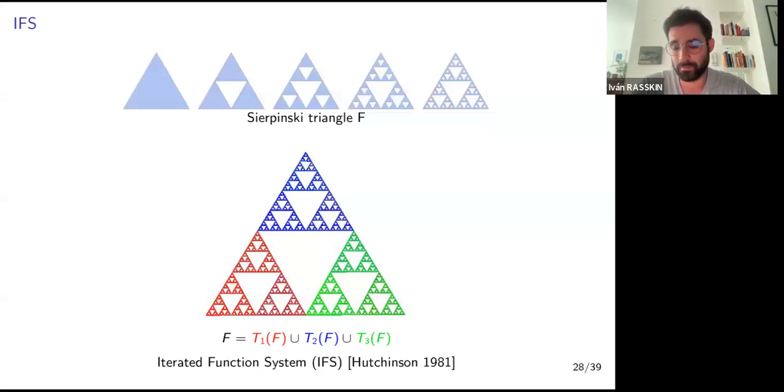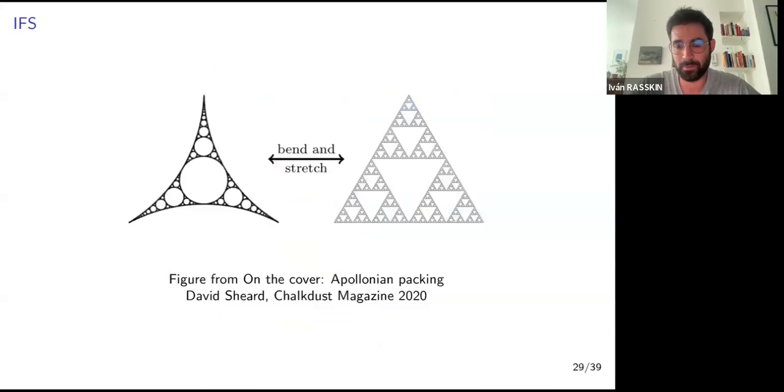This is very connected with the other fractal that we manipulated before. Actually, the Apollonian circle packing is topologically equivalent to the Sierpinski triangle. We can just modify its circles to triangles, and we get exactly the same topology.